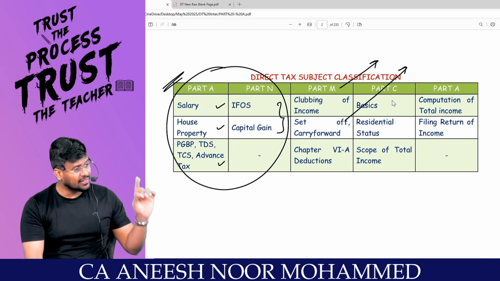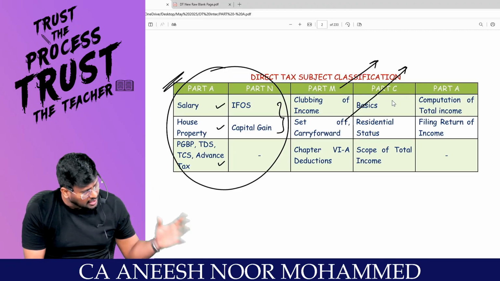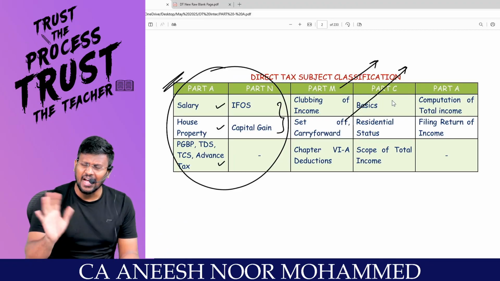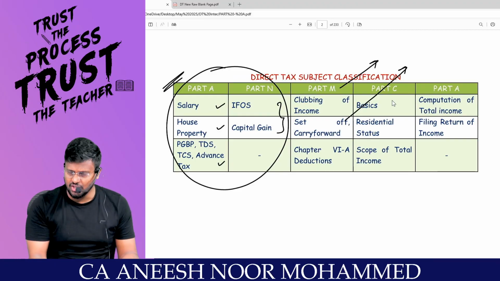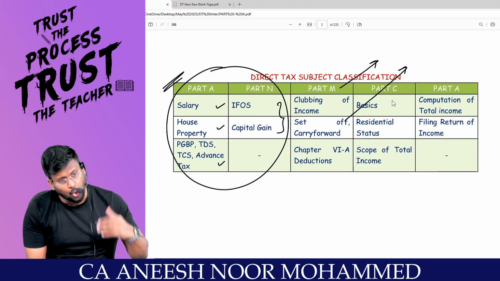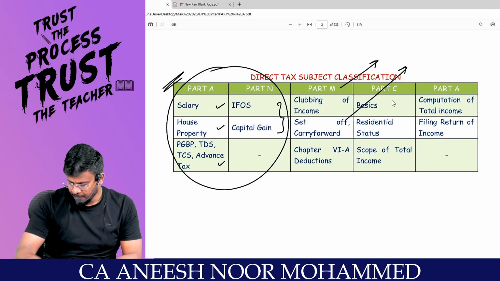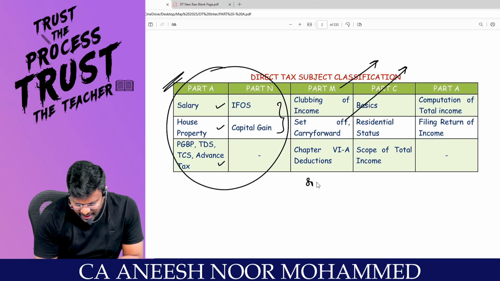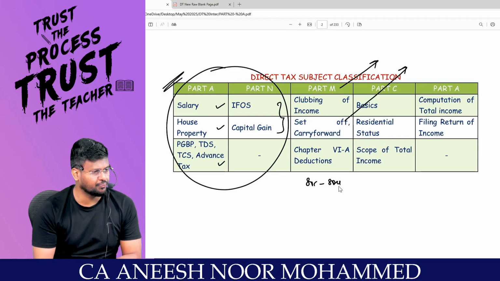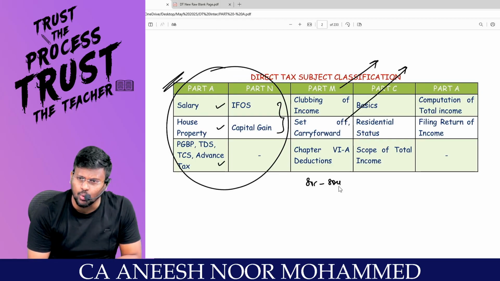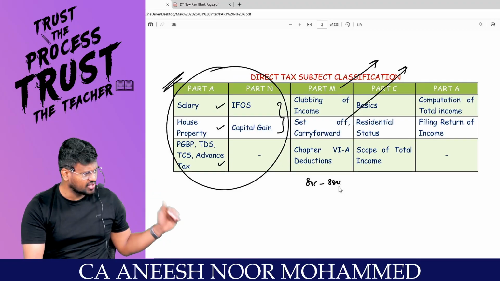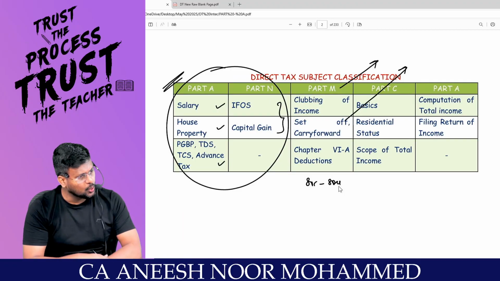Whereas if you are traveling through the optional tax regime, you are saying that you don't want the default tax regime. Then you can claim more deductions, such as Chapter 6A deductions, which cover sections from 80C to 80U, a big list of sections.